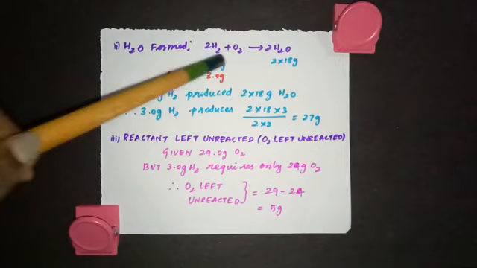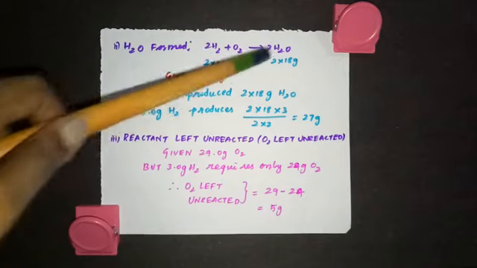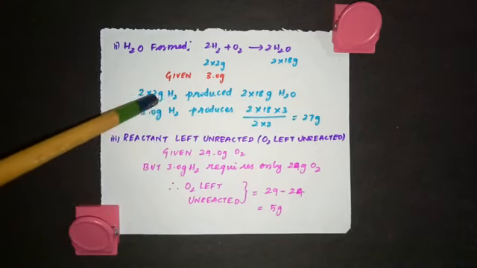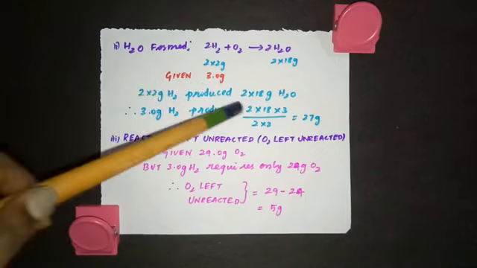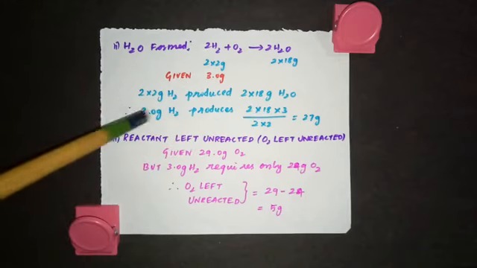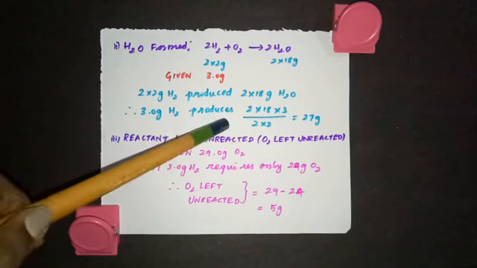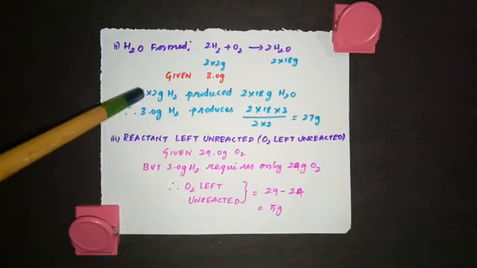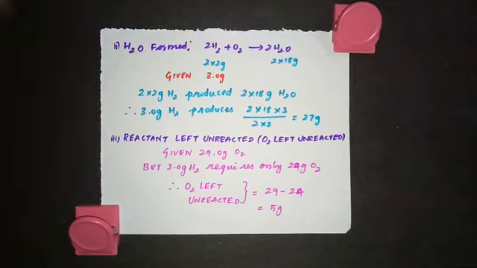Now look here, 2 into 2 gram hydrogen produced 2 into 18 gram of H2O. You can multiply and put also, but for easy cancelling I have kept it as such. So 3.0 gram H2 will produce 3 into 2 into 18 divided by 2 into 2. So that gives you 27 gram.